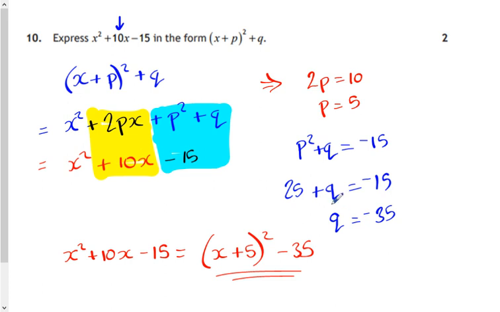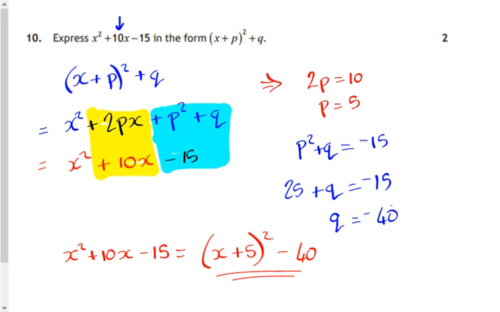Is negative 15? What am I talking about? That should be 40, not negative 35. Relying on a calculator too much, can't count. Minus 40 there. So we want to get from positive 25 to negative 15, we've got to take away 40.